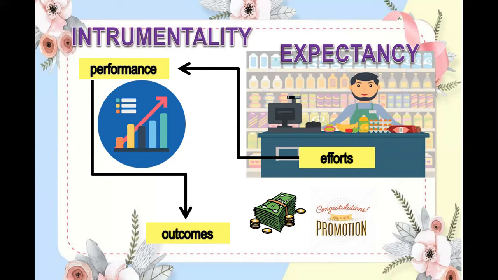And instrumentality refers to the expectation that the successful performance of the task will lead to the desired outcome. And valence refers to the strength of a person's desire for a particular outcome.